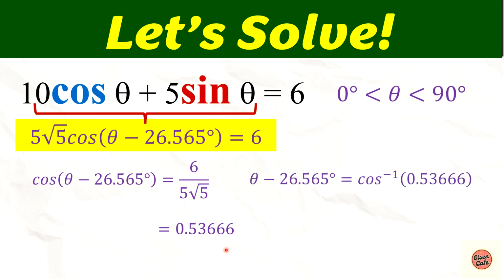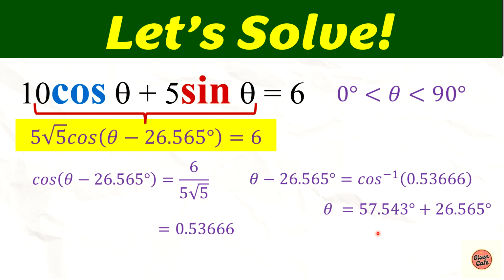To get the angle, I will take the inverse cosine of this value. Since I'm only interested in the first quadrant answer, you notice over here I'm not going to find the basic angle. I will just get the answer straight away. I'm able to get the angle theta eventually.